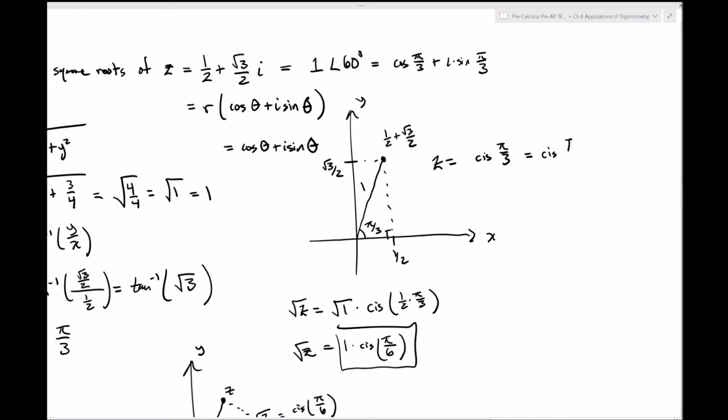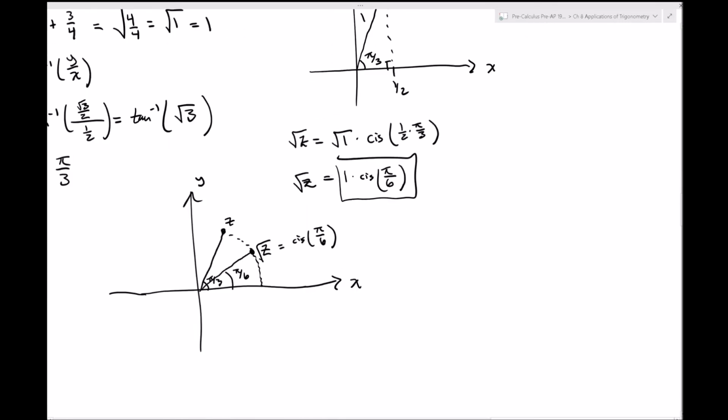It's a weird 7. Actually, no, not whatever. I'll try to fix it. I don't like my 7s today. So 7 pi over 3 is the same thing as pi over 3 with regards to the CIS function, the cosine I sine function. So I'm going to steal that. I'm going to go over here.